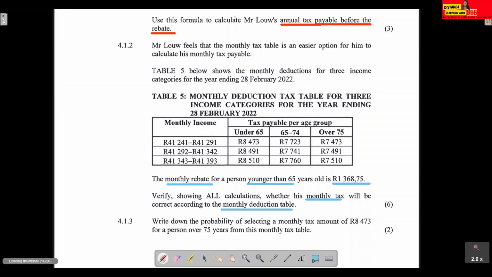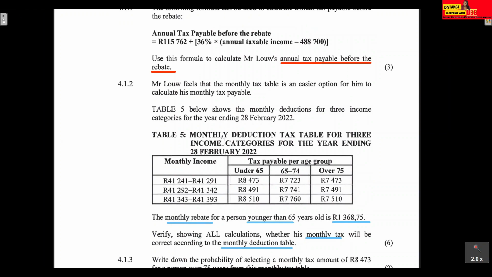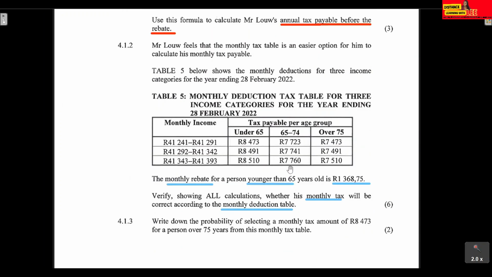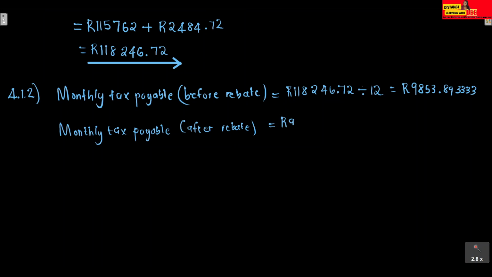So what will his monthly tax payable be after the rebate? We were told that Mr. Lowe's monthly rebate for a person that is younger than 65 years old is R1,368.75. Because Mr. Lowe is 53 years old, we know that his monthly rebate is this amount. So we now need to take this amount of R9,853.89333 and minus the monthly rebate.